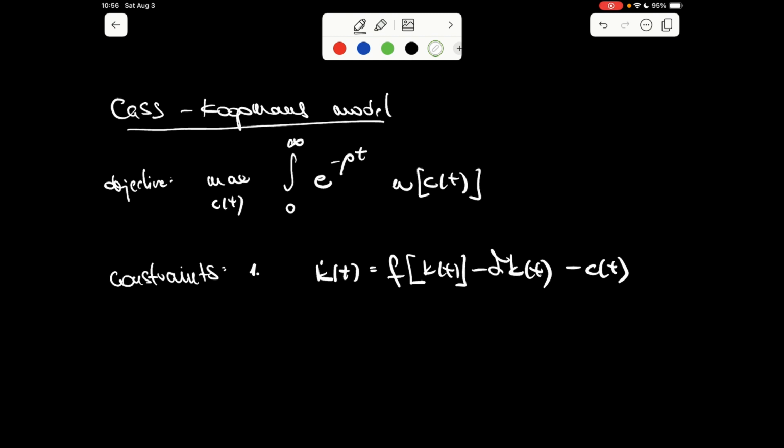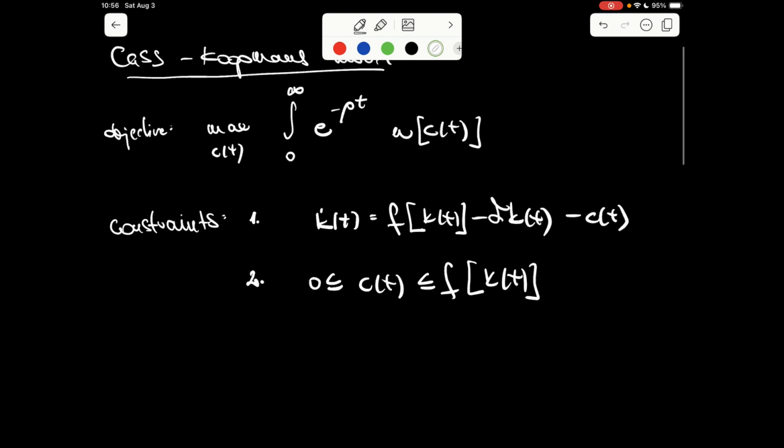So this is the first constraint, and the second is a constraint on consumption, which cannot be higher than output at time t. It's not entirely correct to say in period t, because here we have continuous time, so I would say consumption at time t cannot be higher than the output at time t.